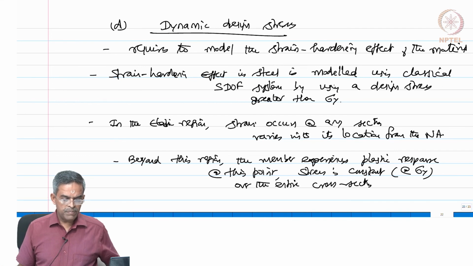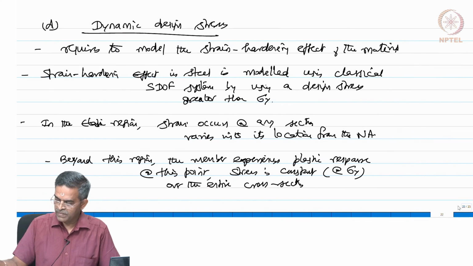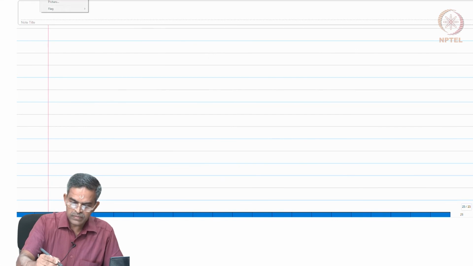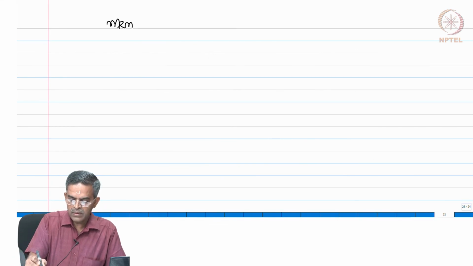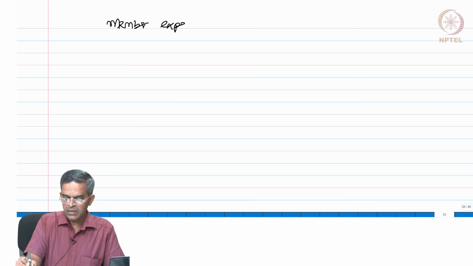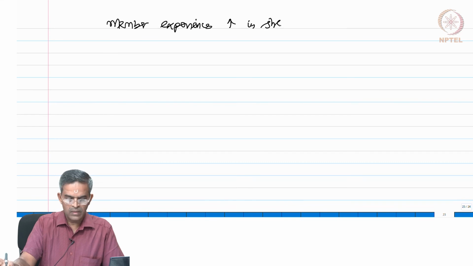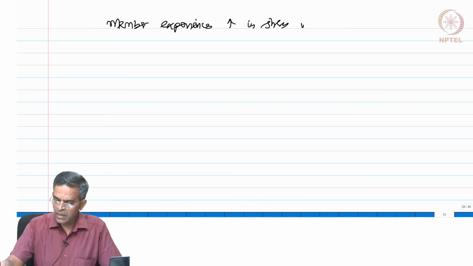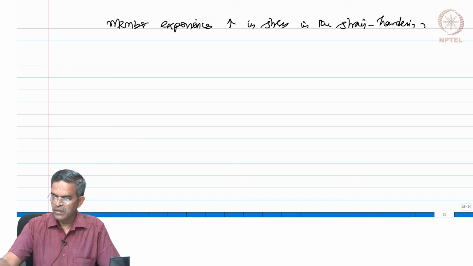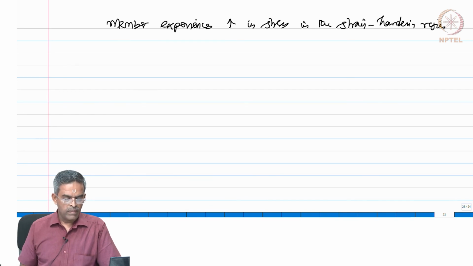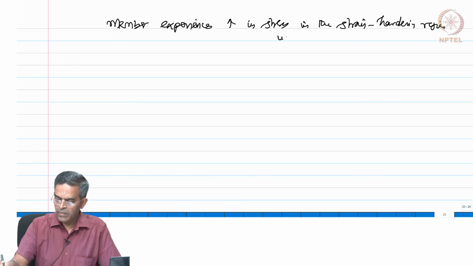So, the steel member experiences increase in stress in the strain hardening region, until the ultimate stress is reached.